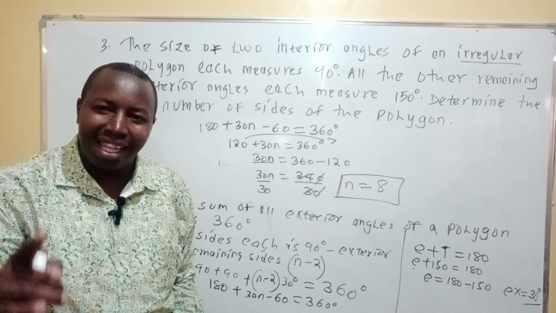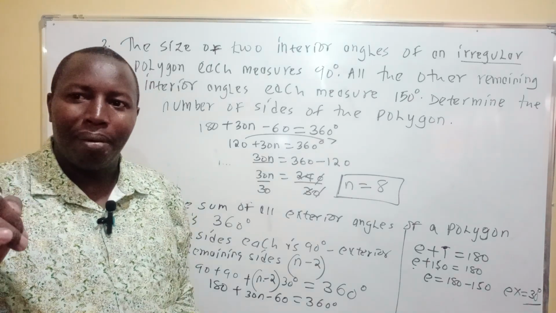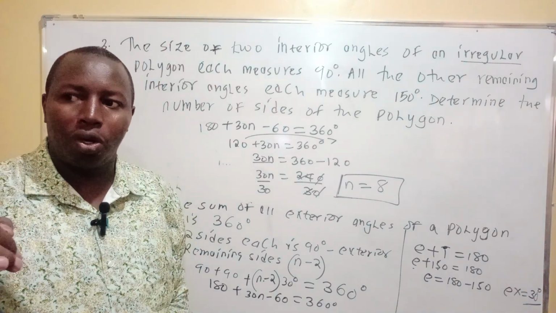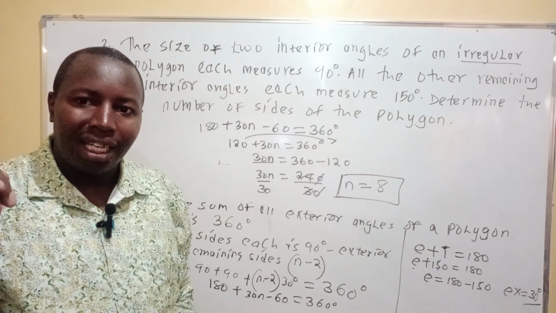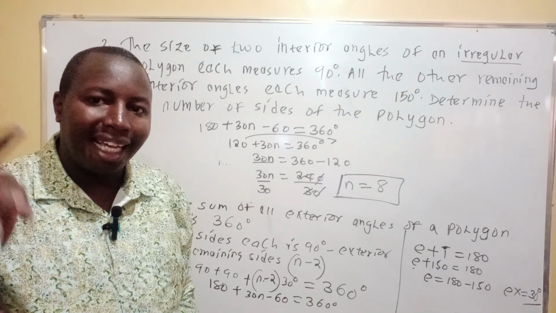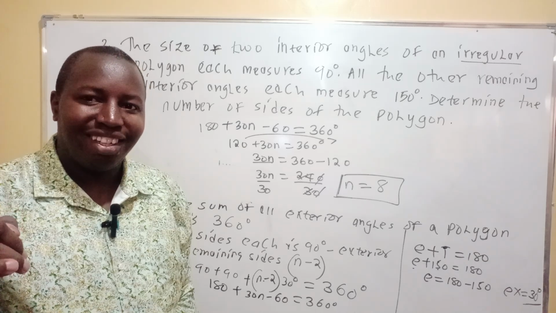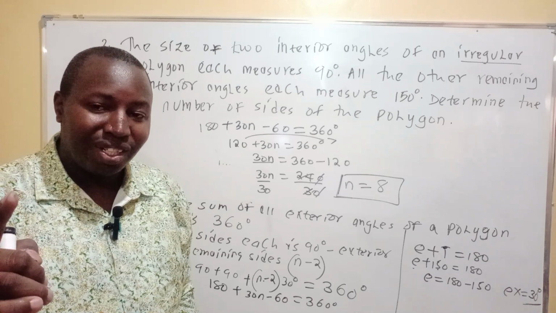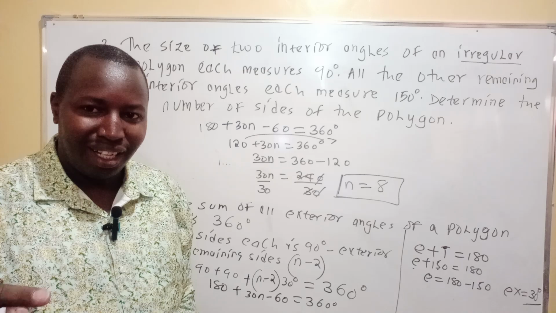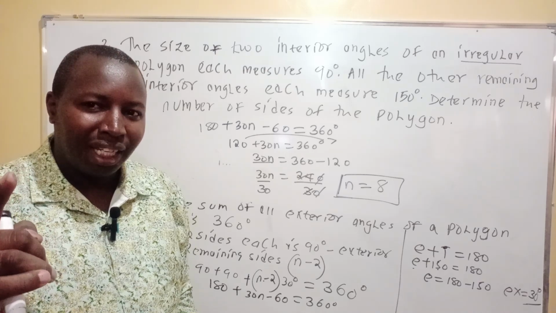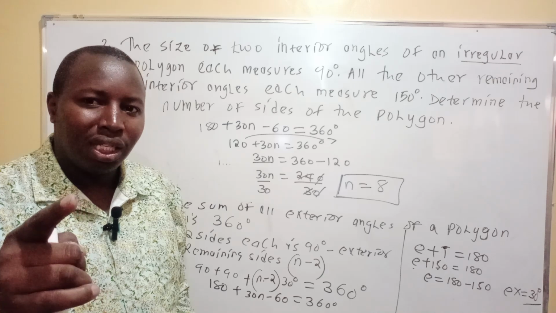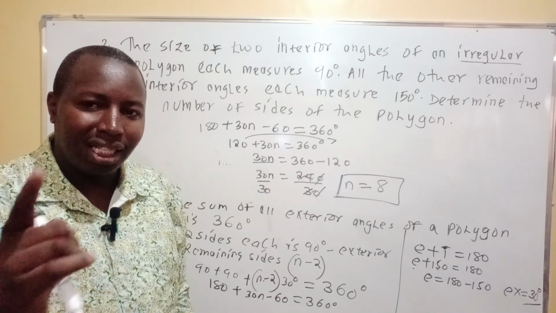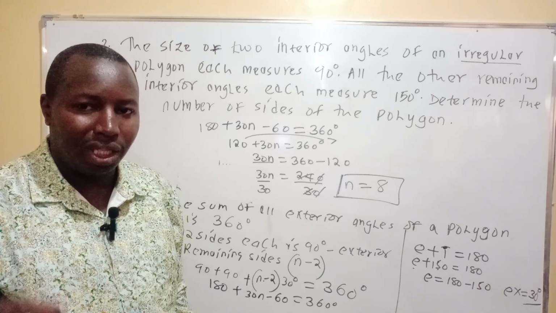The learner must have the concept that the sum of all exterior angles equals 360, and the concept that interior plus exterior angle equals 180.